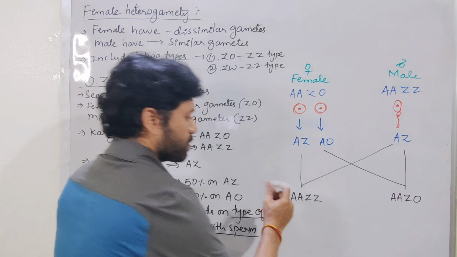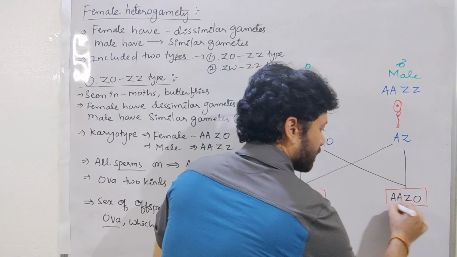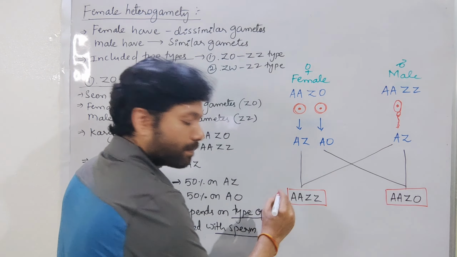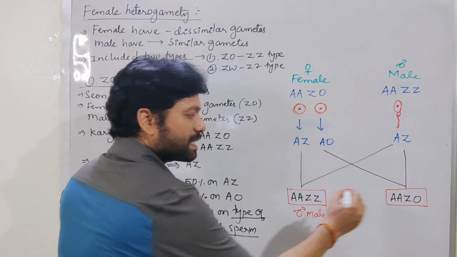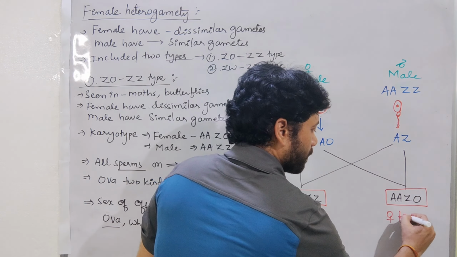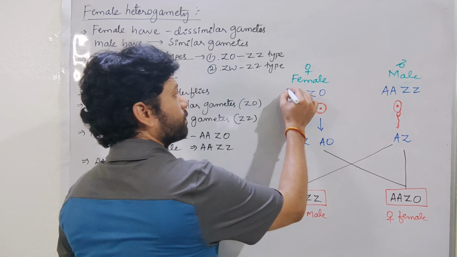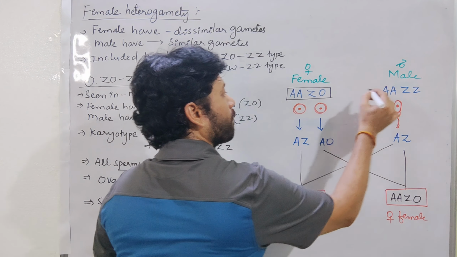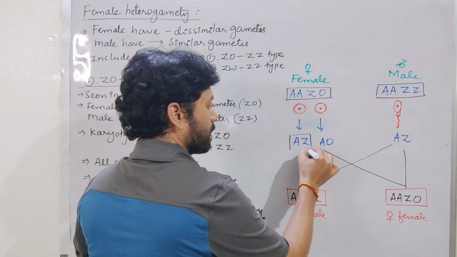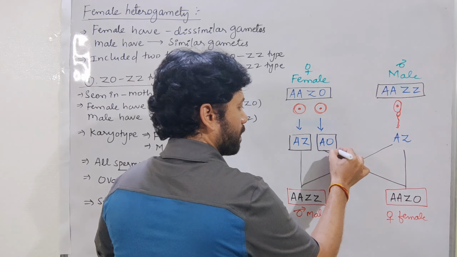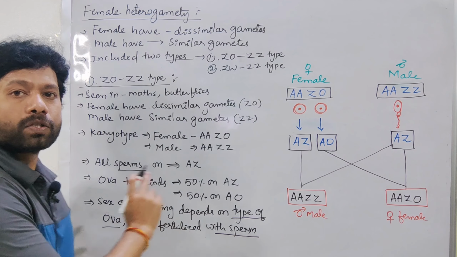So is this male or female? Male, similar, so that is why it is male. The dissimilar one is female.